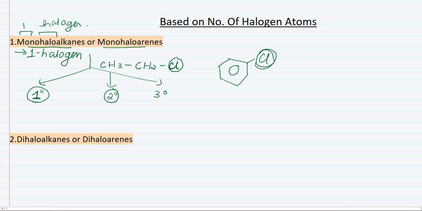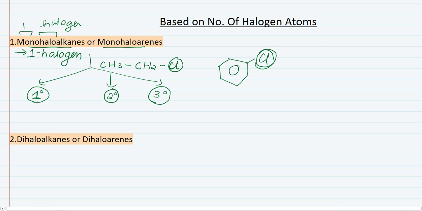And if it is attached to a secondary carbon atom, we will say that it is a secondary halogen atom and a secondary monohaloalkane. And if it is attached to a tertiary carbon atom, then we will say that it is a tertiary halogen atom and a tertiary monohaloalkane.